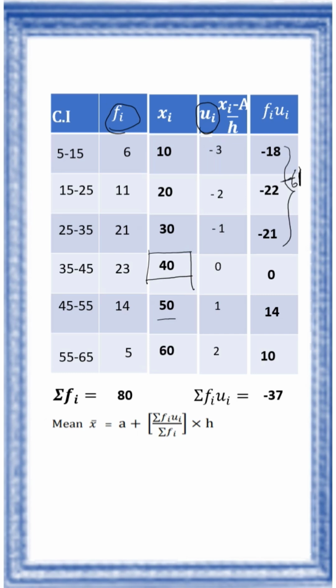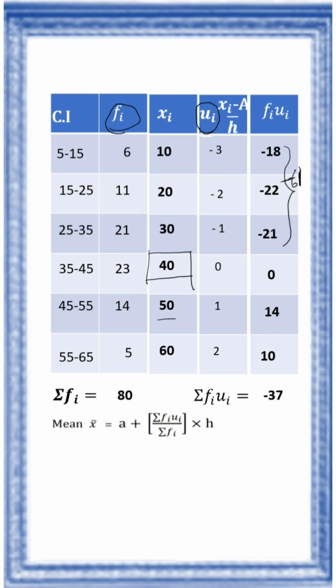Here positive of 24. What is it? Negative of 37. So summation of fi ui is negative of 37, because the bigger number has the negative sign.